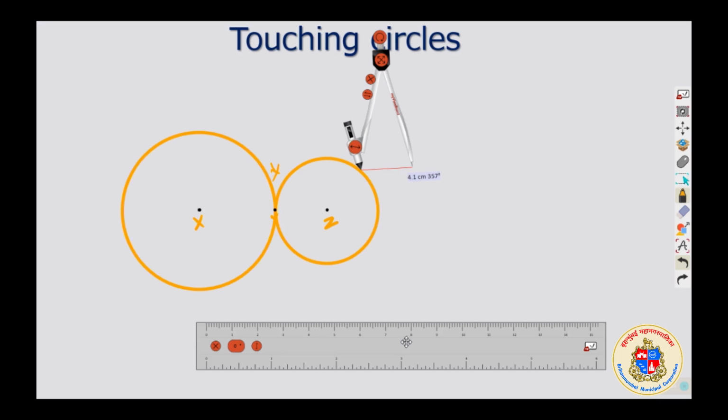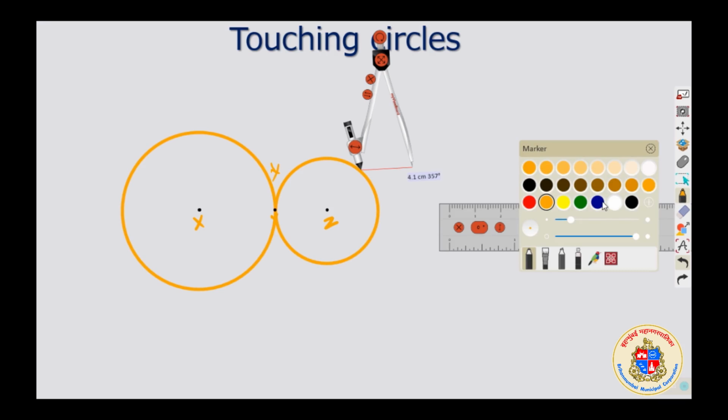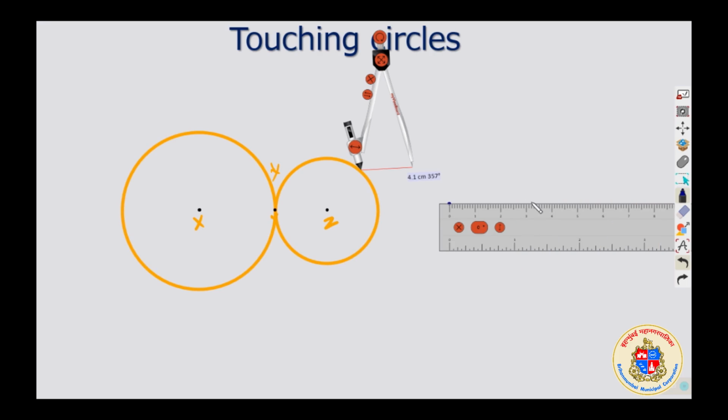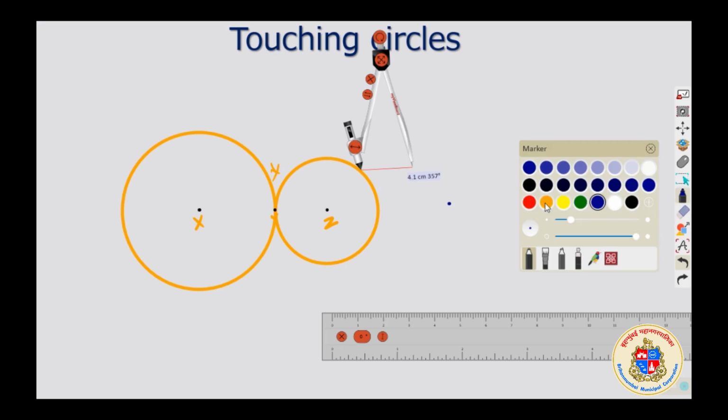I am thinking about drawing another set of touching circles. For that I will be marking 3 points again. But slightly differently this time, marking at 3 and 4. Because of space restriction, I am changing the measurement to 3 and 4, and I am going to draw a circle.